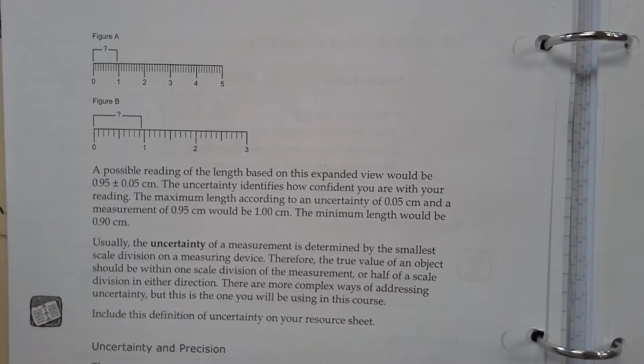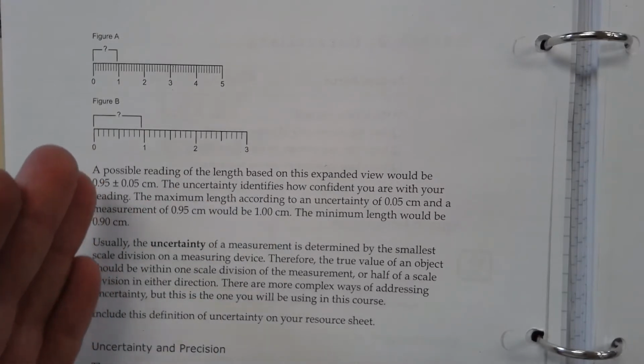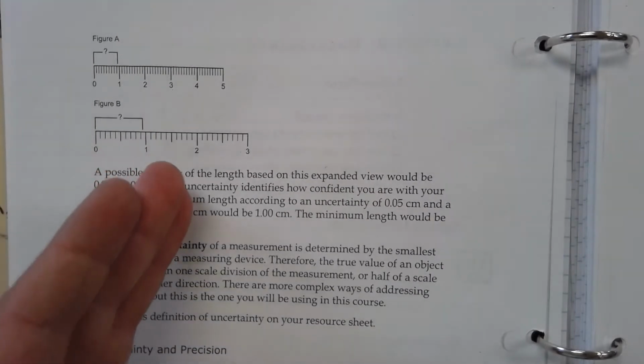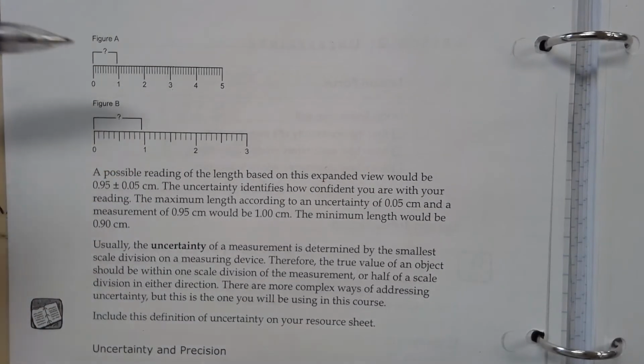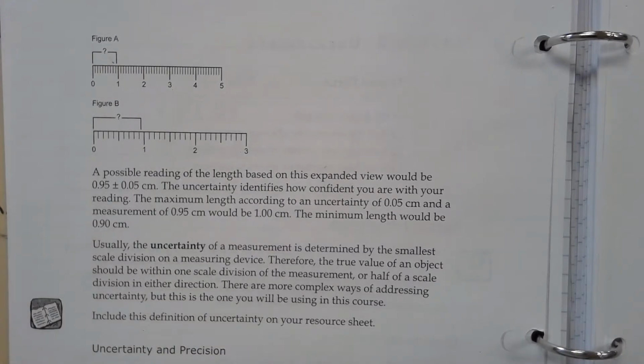It could be out by less than 5/100ths of a centimeter or more than 5/100ths of a centimeter. We're talking about a very small amount. That's between 0.95 and 1.